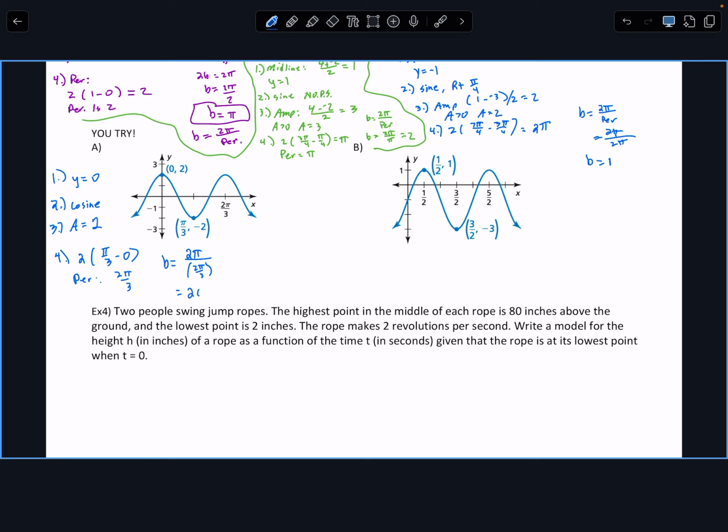And so that's 2 pi times the reciprocal. And the value of b is 3. So your equation should be y is equal to 2 cosine 3x. Don't forget the y equals.